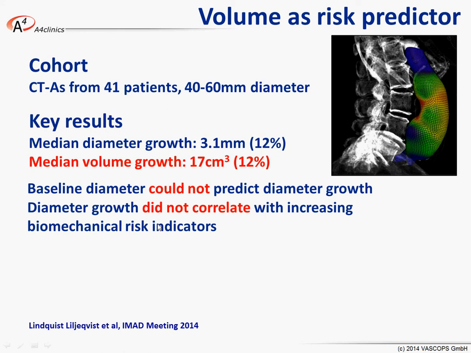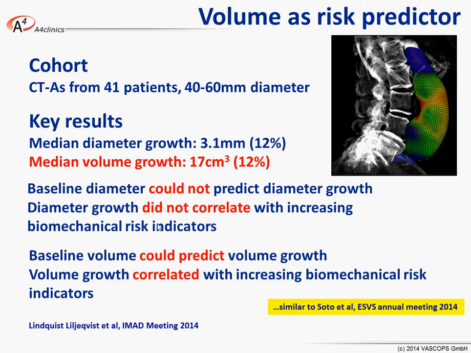And what biomechanical risk indicators we mean here, we're going to see in one of the later sections. However, in contrast, baseline volume could predict volume growth. That means measuring the volume at baseline is going to tell you how fast this aneurysm is going to grow in terms of volume in time. And volume growth correlated with increasing biomechanical risk indicators.